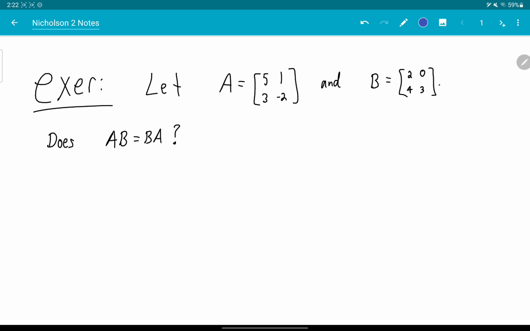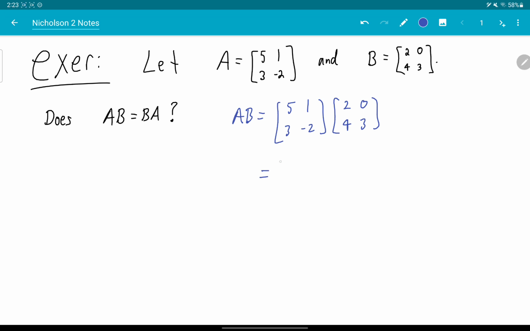Try this exercise. Try. What are you going to get? Well, you're not going to get the same thing, are you? Okay, AB is 5, 13, minus 2. Just in general, I'm unlikely to get the same thing. Okay. 10 plus 4 is 14. 3, 6 minus 8, negative 2, negative 6.